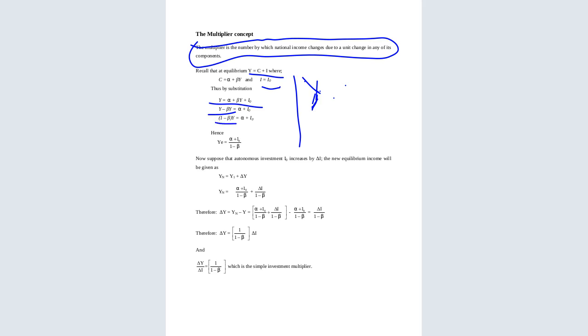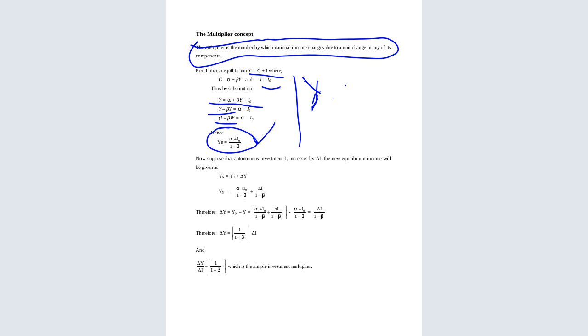Just divide both sides by 1 minus beta. So you get the equilibrium national income as A plus investment over 1 minus beta. This is the equilibrium national income.